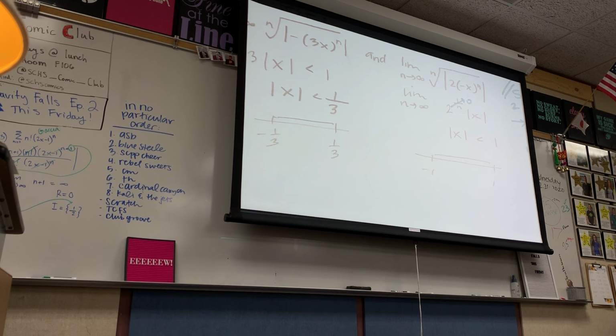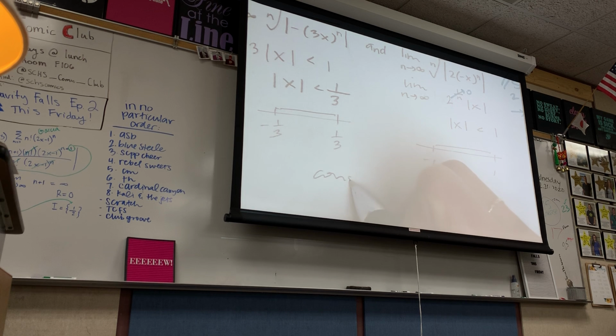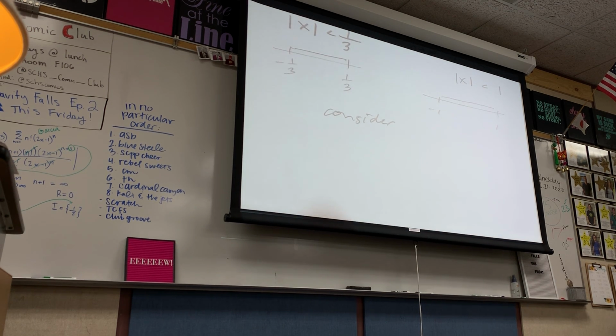So it's going to be their intersection. It's going to be the smaller of the two. Does that kind of make sense? Because they both converge from negative 1/3 to positive 1/3, right? But this one converges outside of that, so you have to use the smaller of the two. Technically, it contains, that's not a very good way to describe the intersection. Thank you, Sarah.